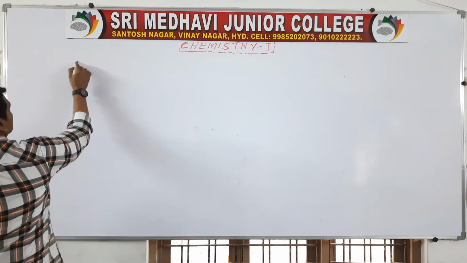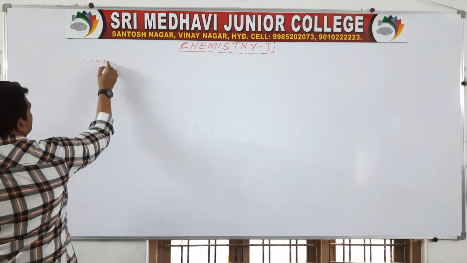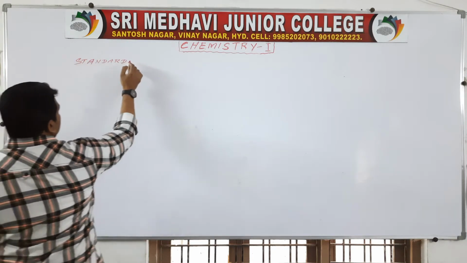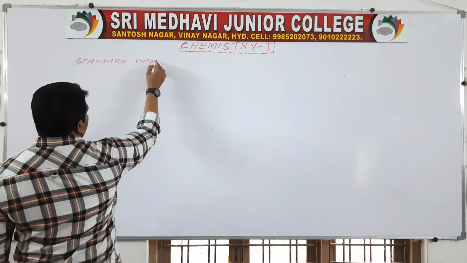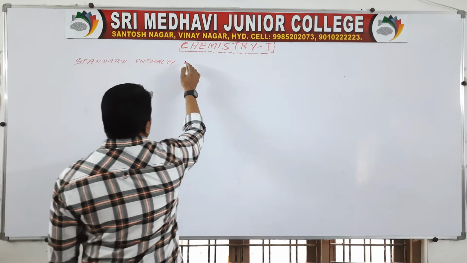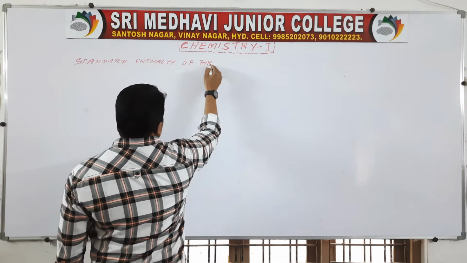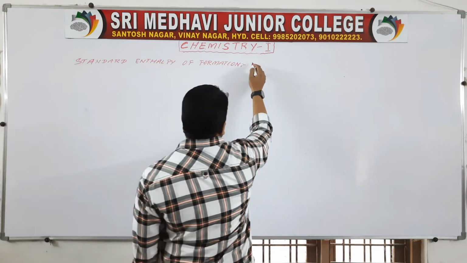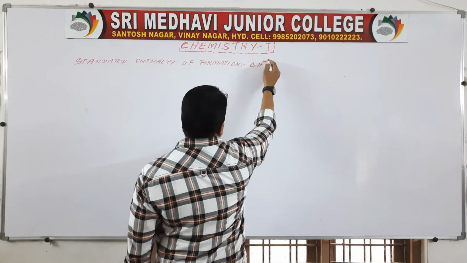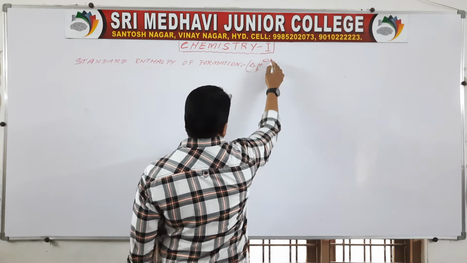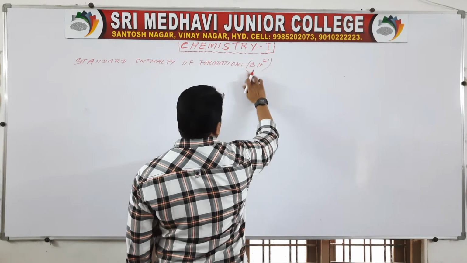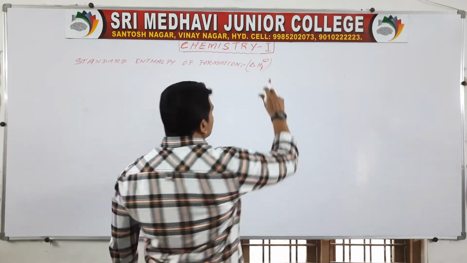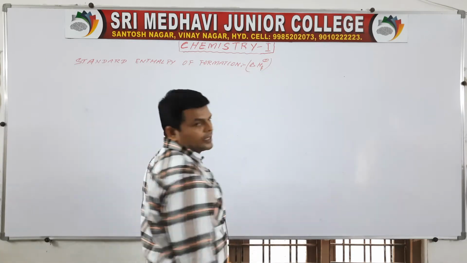Standard enthalpy of formation is denoted by delta H naught F. This is enthalpy of formation, and the symbol is kept as a superscript.